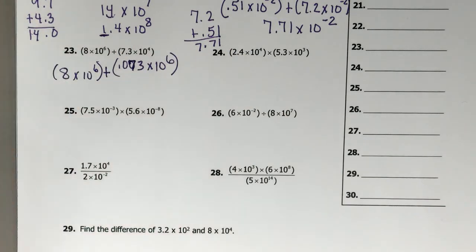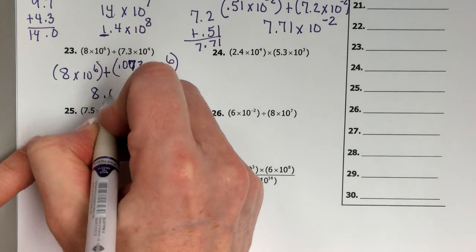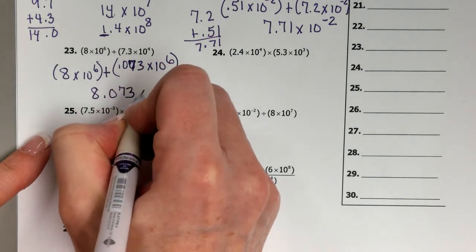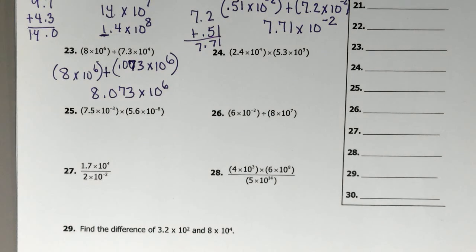And we're adding, so I don't really have to write that to the side. I'm just going to have 8.073 times 10 to the 6. How many got that one? Okay, good. All right, now let's look at 24.